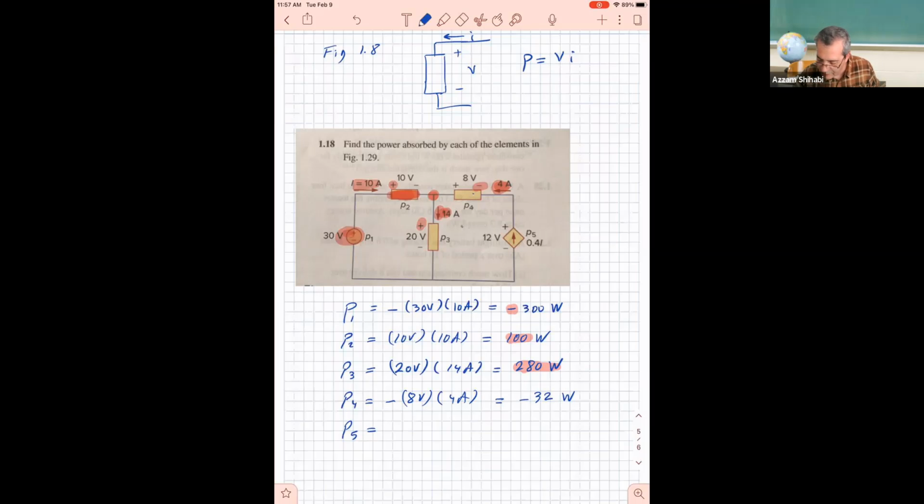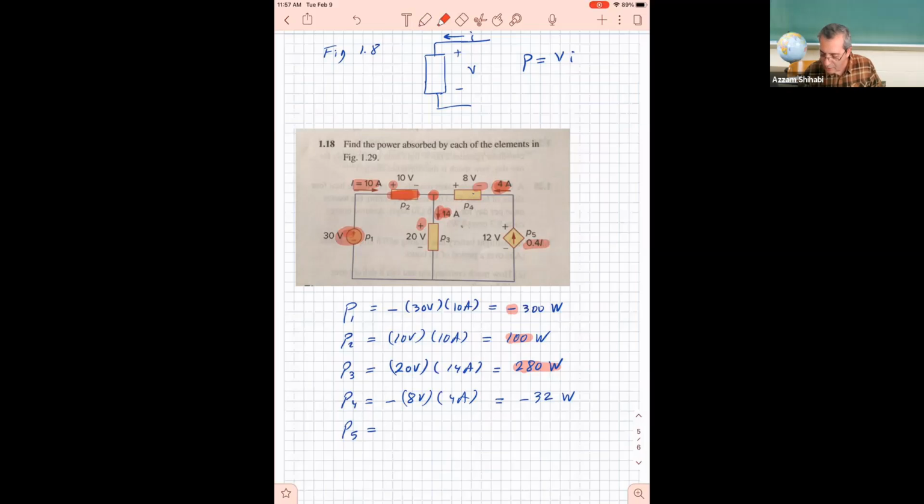This is called a dependent current source. The current that this element provides or gives in the circuit depends on a current flowing somewhere else in another part of the circuit. So this is called a dependent current source. Notice here how the current is 0.4 I.